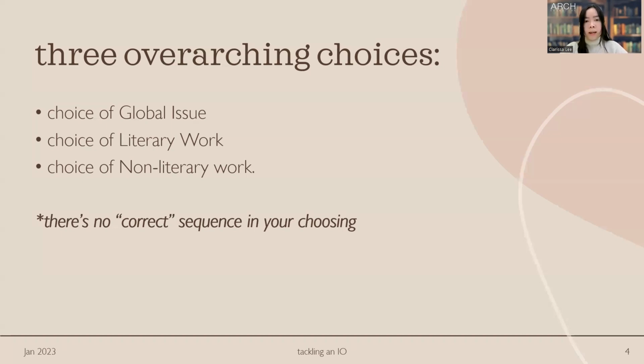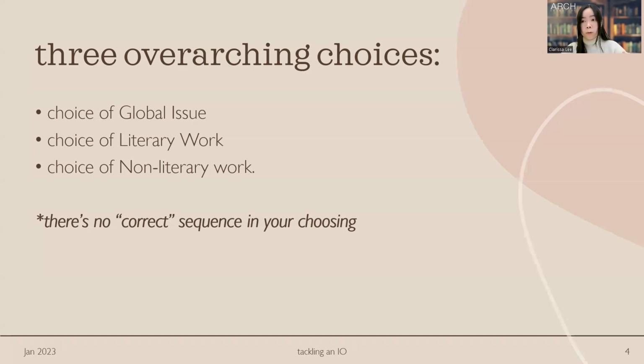On the flip side, if one of the literary works or non-literary works you've gone through in class has especially had an impact on you, then you are welcome to choose the texts first, or even the extracts first, before you choose a partner text.